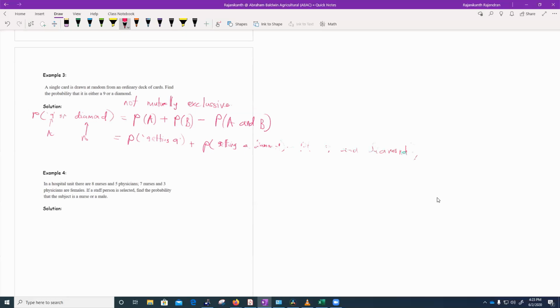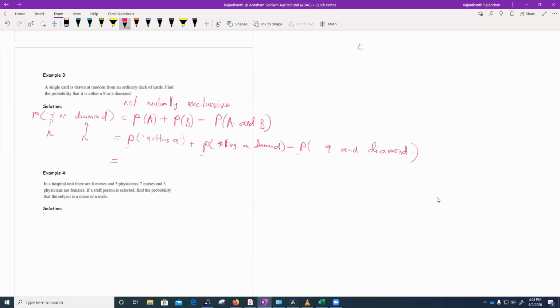Okay, now if you look carefully here, there are three different probabilities we need to figure out. So we need to find them one by one. First of all, you need to find the probability of getting 9. You are given a pack of 52 cards, and you are asked to choose one card. So what is the chance of getting number 9?